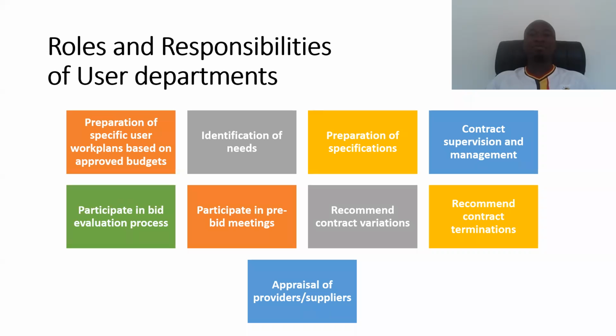For example, if the contractor fails to complete the agreed duties or produces poor quality works, this will be recommended for termination. And this may happen after serving the contractor with warning letters, and also after consulting the legal team and contract steering committee.